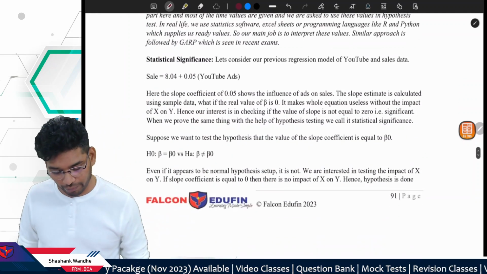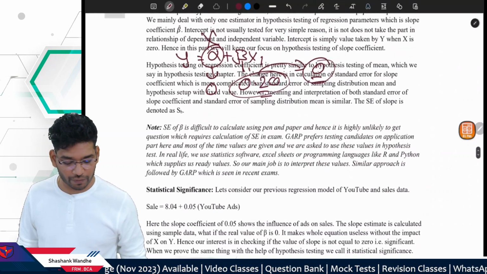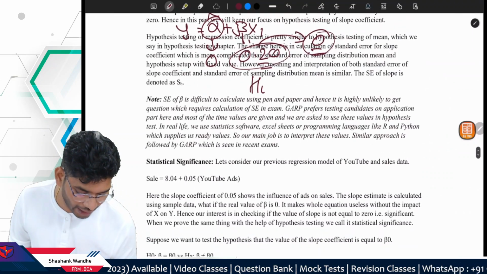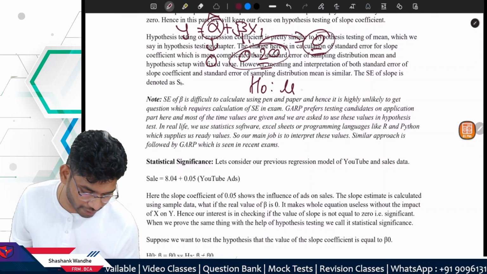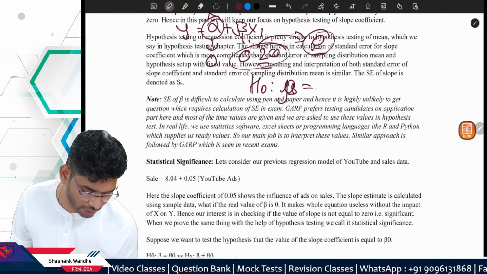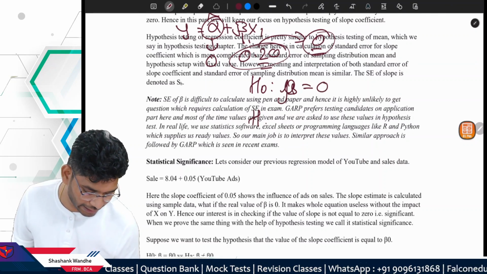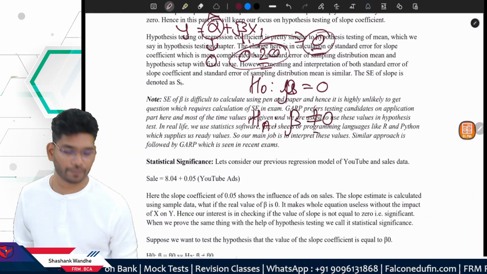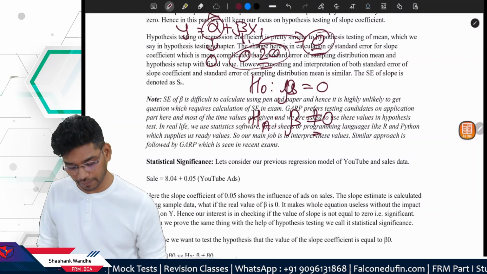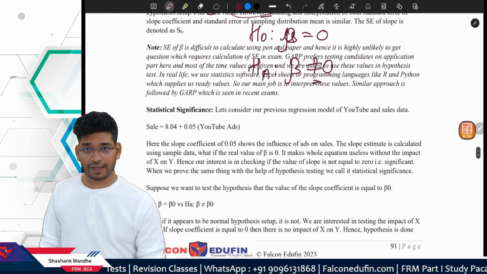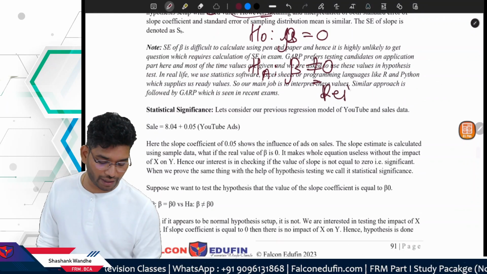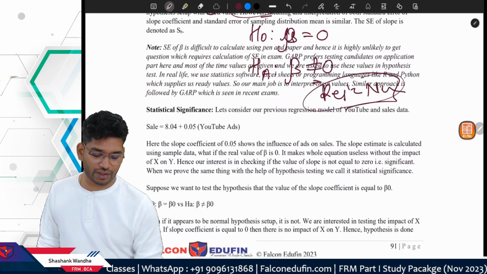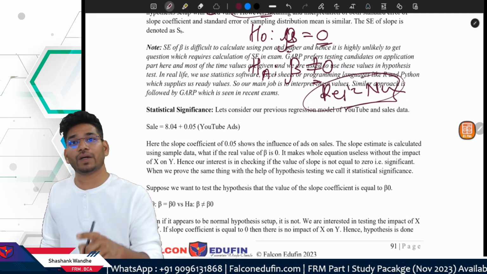And that's why we have to make sure that beta is not equal to 0, and that's why the null hypothesis is that beta is equal to 0 and the alternate is beta not equal to 0. Okay, so this is our hypothesis testing setup. Now here our objective is to reject the null, and if the null is rejected, it means beta is not equal to 0, right?